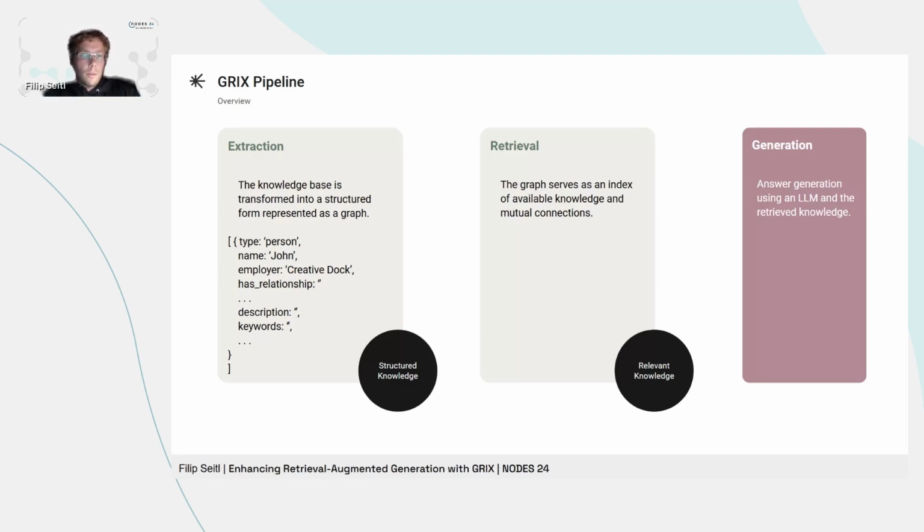We use more attributes for each entity to be extracted. One of the most important ones is description, which is like a short paragraph introducing the entity, and keywords.